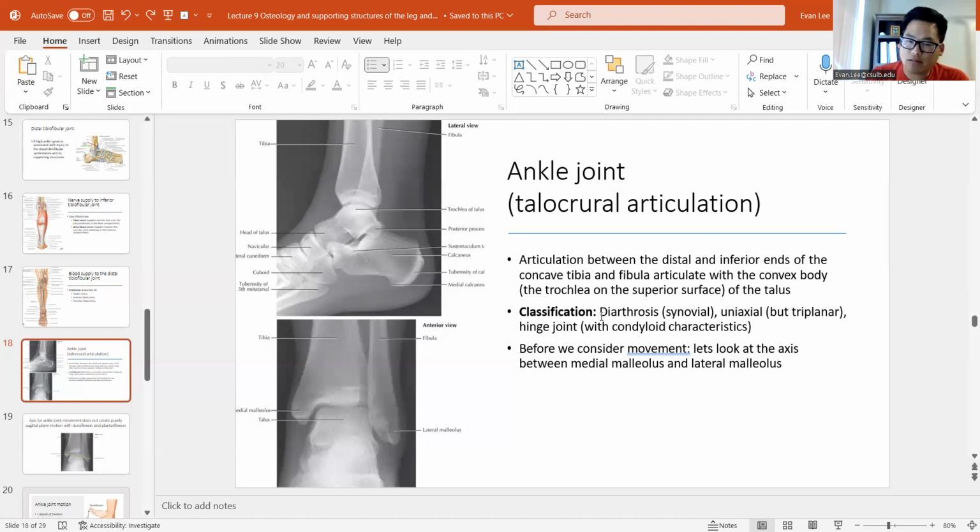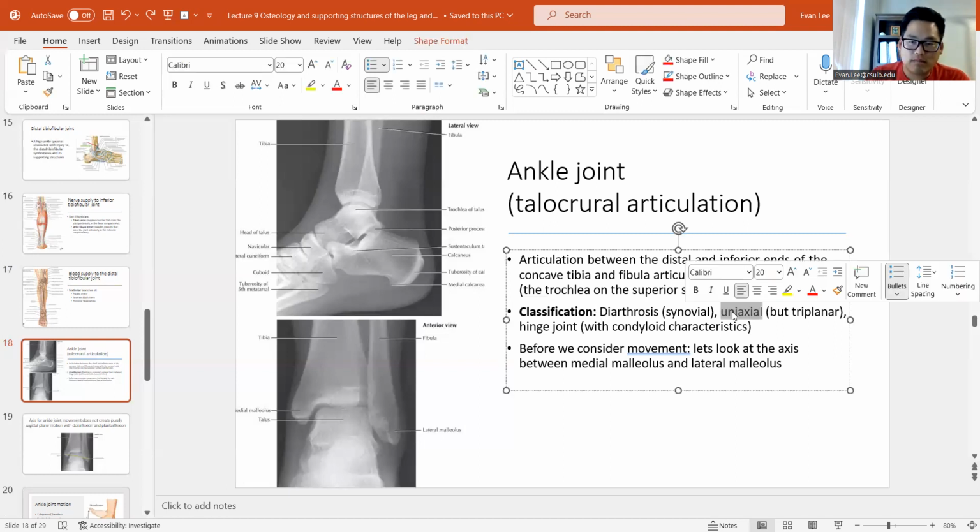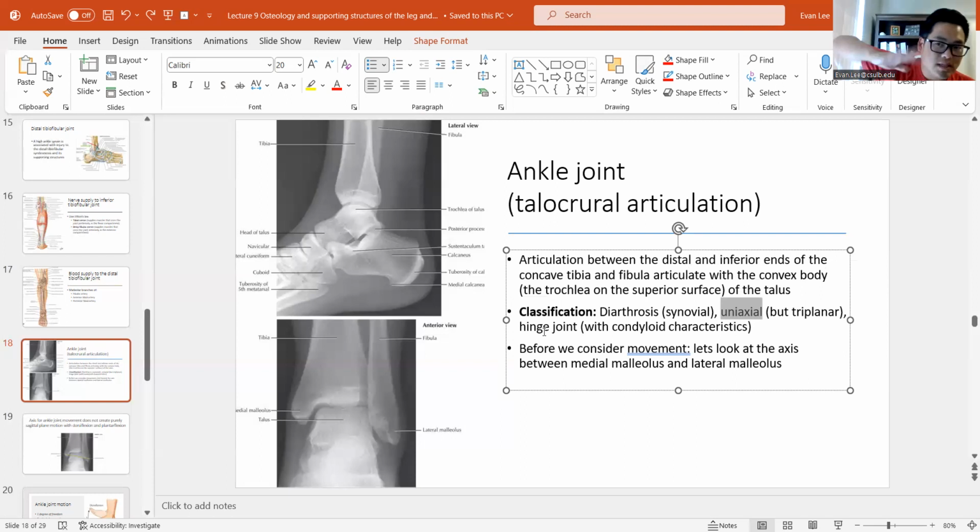You can move your ankle joint quite a lot, but mostly uniaxial, as in it moves in one direction, but it is also triplanar. So this is a hinge joint, which means that it mostly goes between a bone and a singular groove. So it goes along the groove, which is a hinge joint.